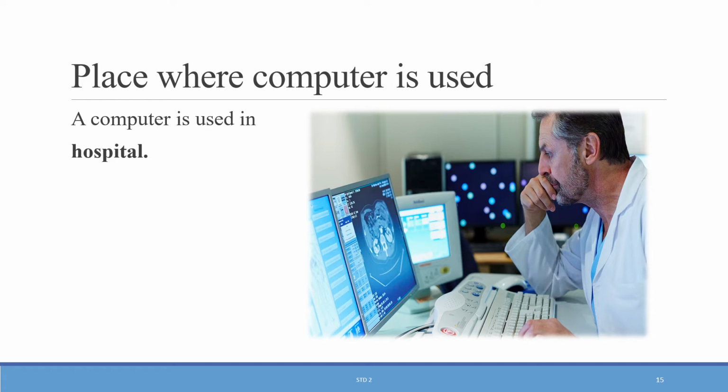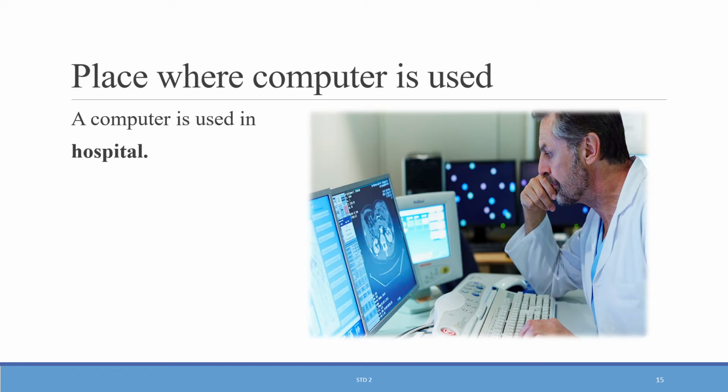For example, I went to a hospital, so the doctor is inserting my name and what is the problem, my age also, right? So this record of patient is also stored in a hospital by using the computer. So in the hospital, the computer is widely used to store records of patients and to monitor the patient's condition.